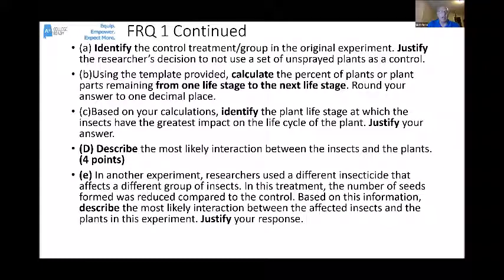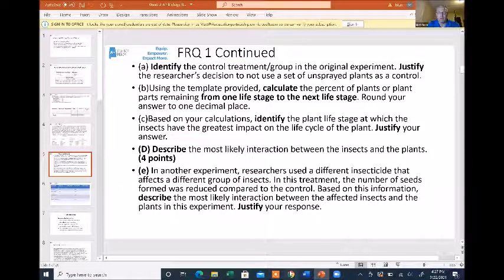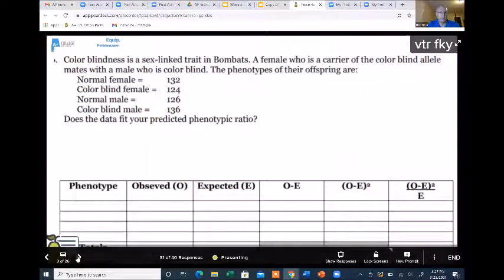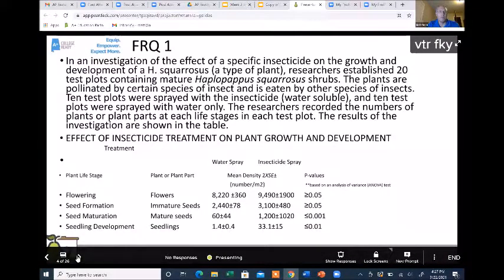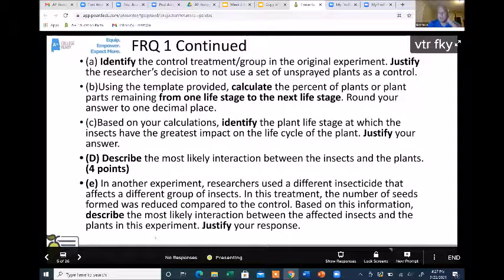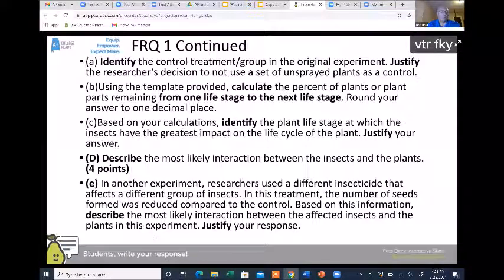All right, I want you guys to go back to the Pear Deck screen with me for just a minute. And I want you to answer the first question, part A. Just write in your response. What's the control treatment or control group described in this experiment that we just read about? And then justify the researcher's decision to not use a set of unsprayed plants as a control.